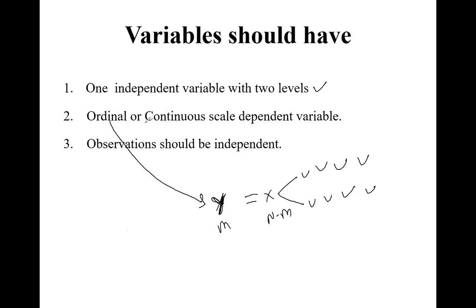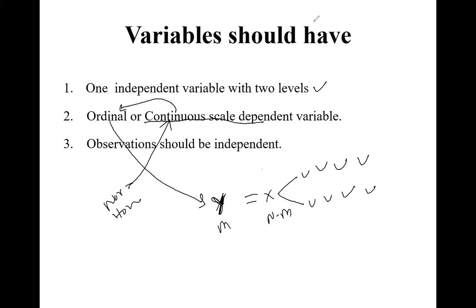But we can take a continuous scale for the dependent variable when we are using the parametric test, and my data is continuous but not normal and not homogeneous. Then this continuous data is converted into ordinal. So we convert this continuous interval or ratio scale into ordinal, and then we can use the equivalent of the independent t-test, that is the Mann-Whitney-U test.